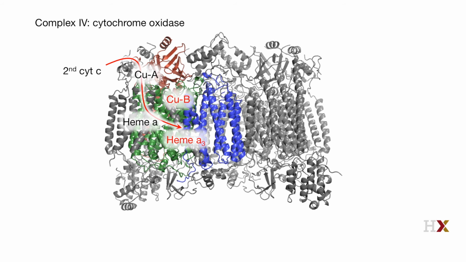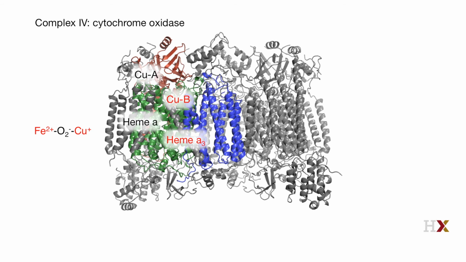But we have the reduced copper ion that is very close. And in fact, this ion can transfer its electron to oxygen. And the consequence is the formation of a peroxide that covalently links the iron and the copper via the oxygen molecule.